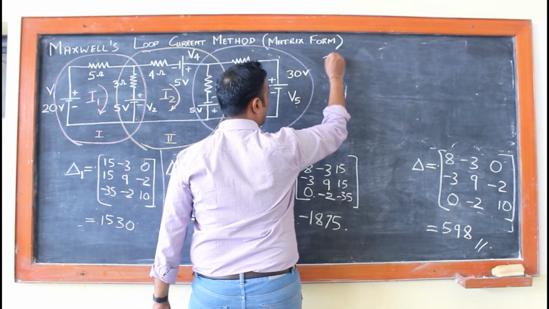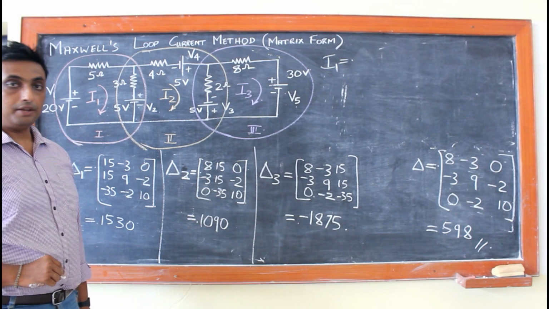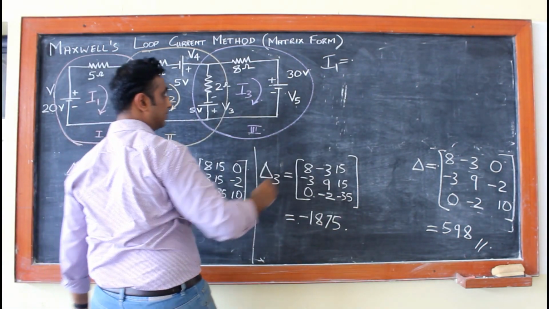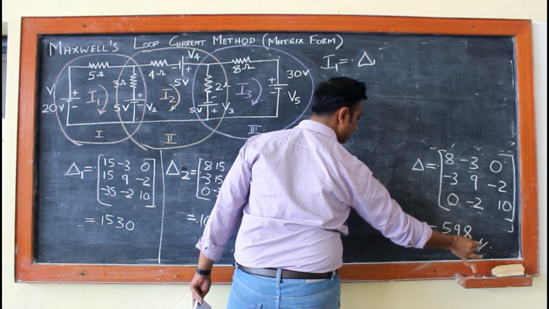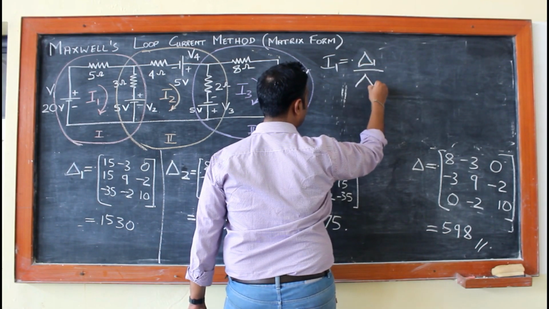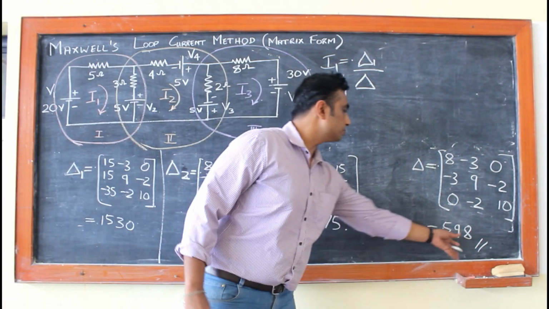So my I1 value will be delta 1 divided by delta. Now this is also similar to Ohm's law.